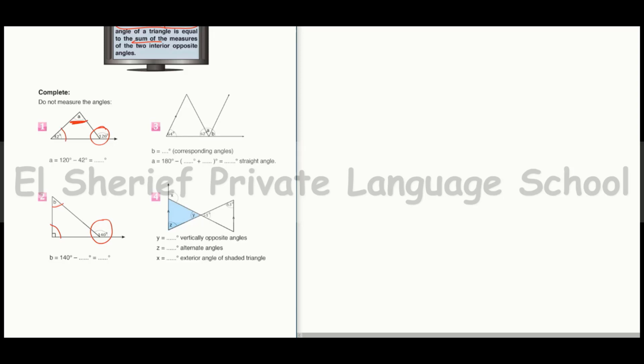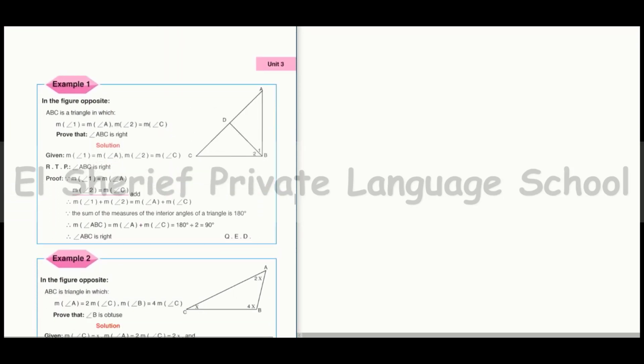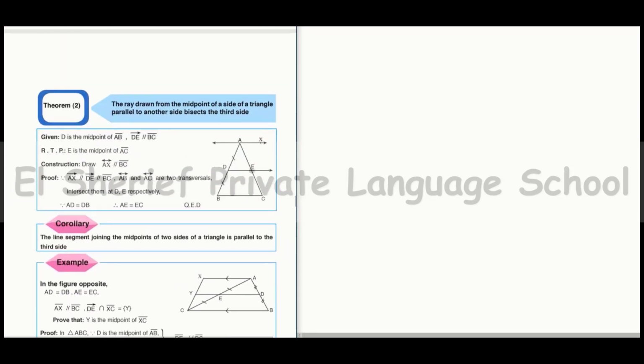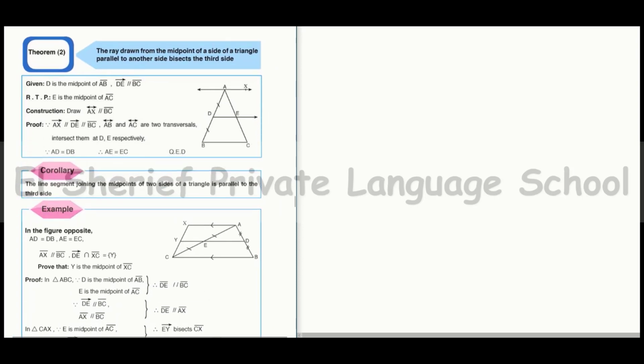After that, we learn the second theorem. It says that the ray drawn from the midpoint of a side of a triangle parallel to another side bisects the third side.